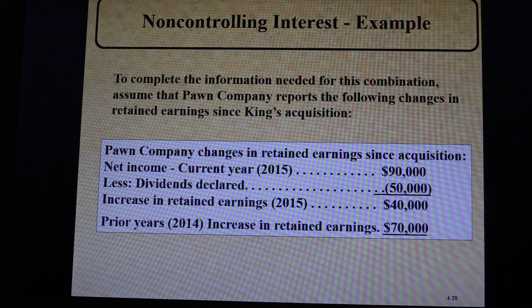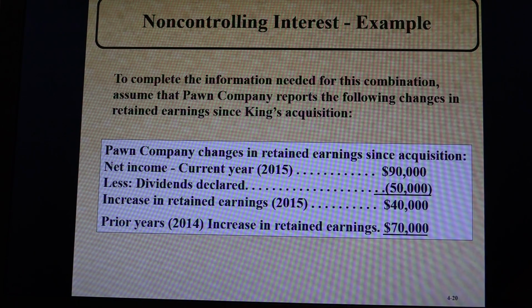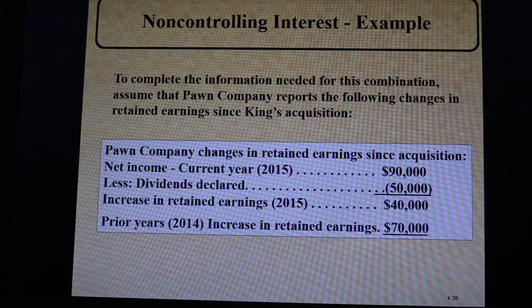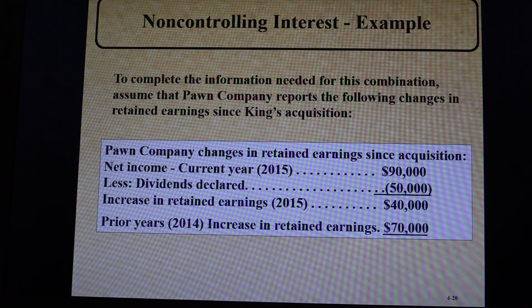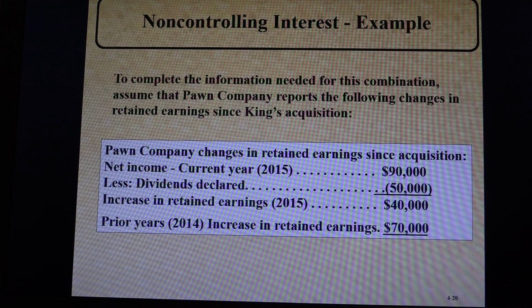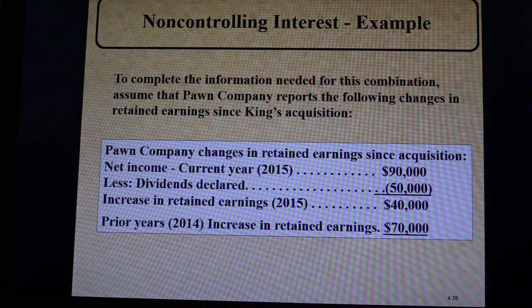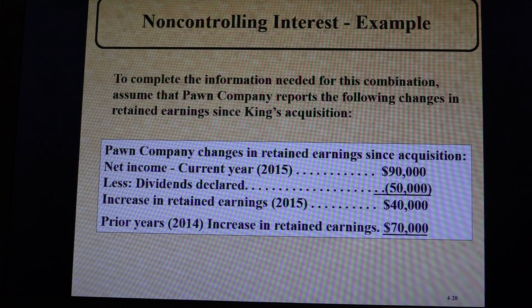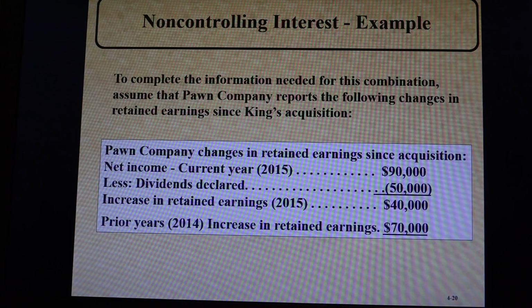Now remember, this acquisition happens on January 1 of 2014, so we're here at 12/31/2015 in this example, and so they give you some more information to round out the picture. 2014 increase in retained earnings for the sub is $70,000.